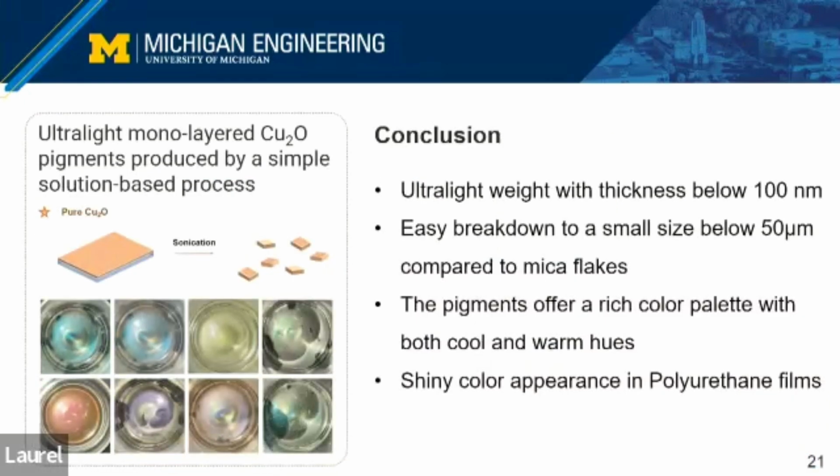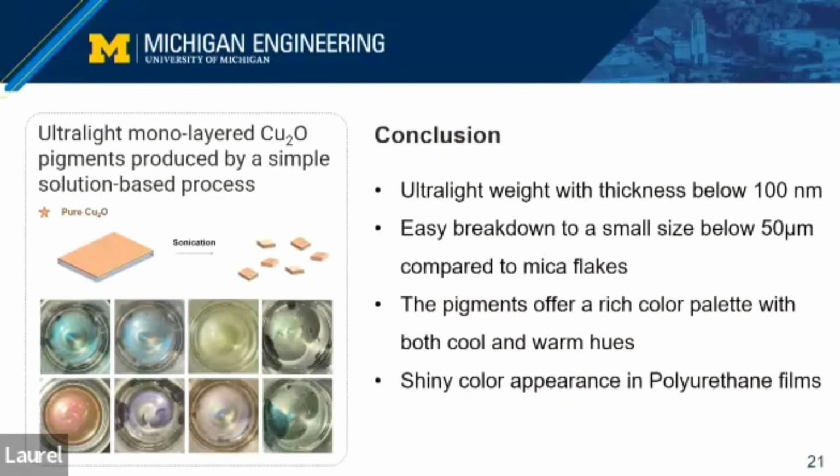To conclude, our project developed ultralight monolayered cuprous oxide pigments that are produced by a simple solution-based process. Our pigments have several unique features. In the first place, they are ultralight because of their thickness below 100 nanometers. They can be easily broken down into a small size, below 50 micrometers, compared to conventional mica flakes.